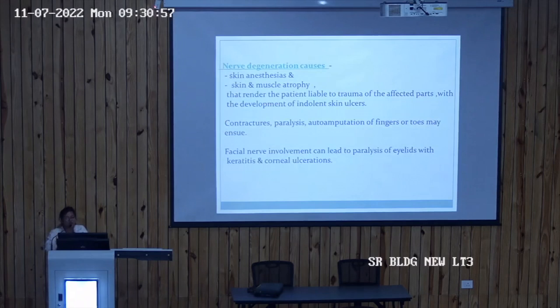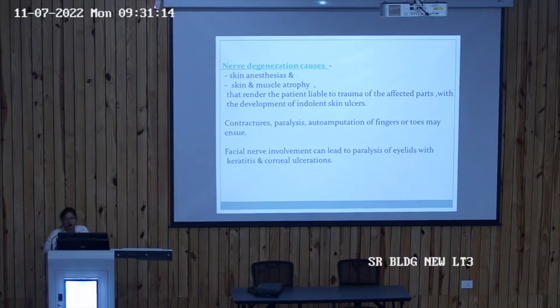So nerves are involved, and because of the granulomatous inflammation around the nerves, nerve degeneration takes place. What does it cause? It causes skin anesthesia. So there is no sensation of the skin.